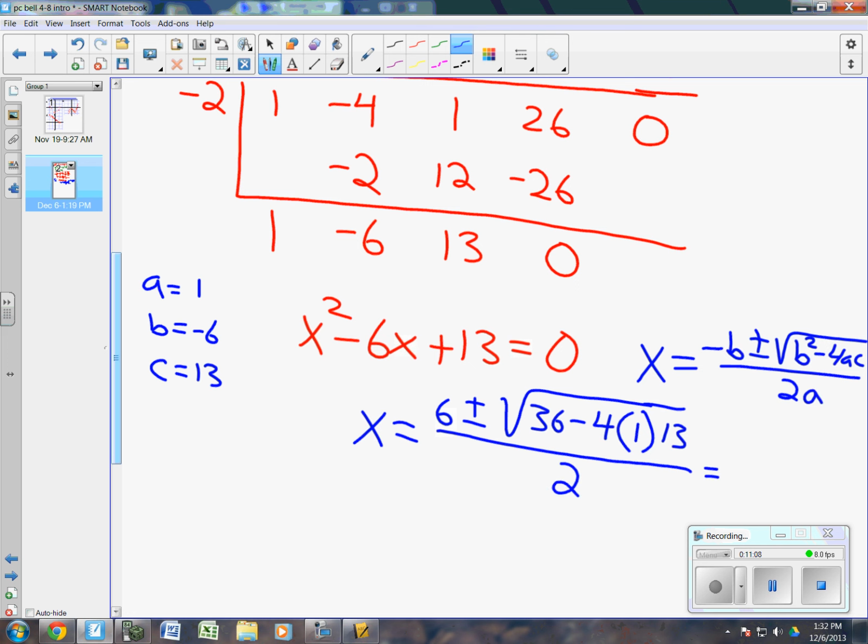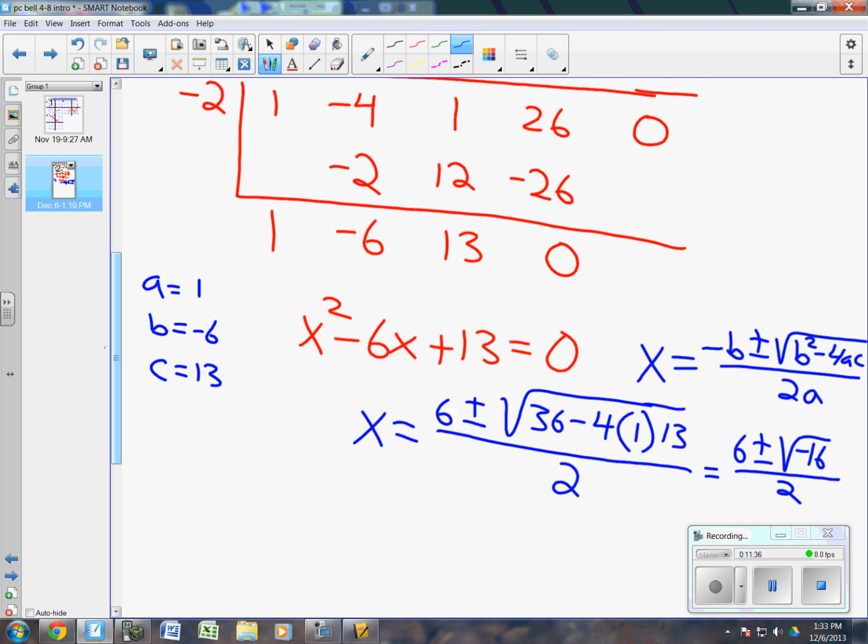Now, what does 36 minus 4 times 1 times 13 simplify to be? Well, 4 times 13 is 52, so what's 36 minus 52? Negative 16. So we got 6 plus or minus the square root of negative 16 all over 2. What is the square root of negative 16? 4i.